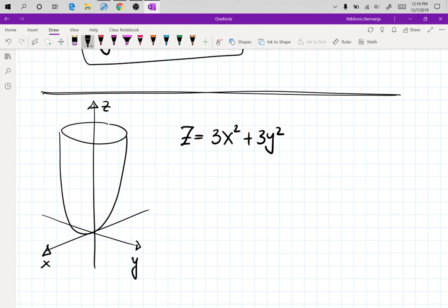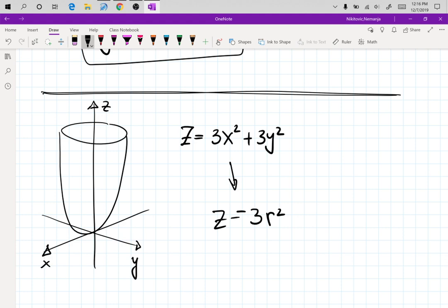That would be a rectangular equation. Your job will be to write it as z equals 3 times r squared.